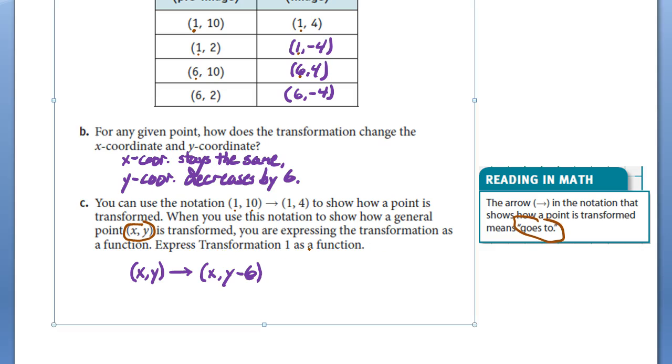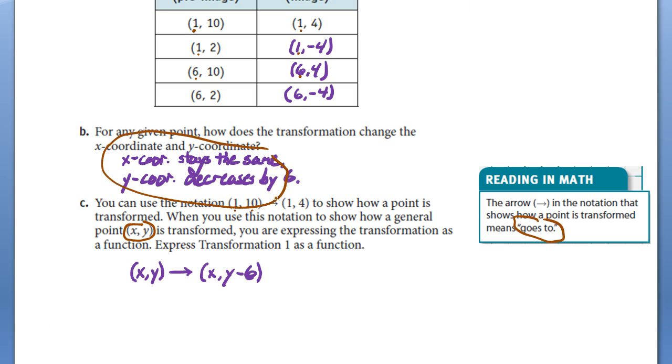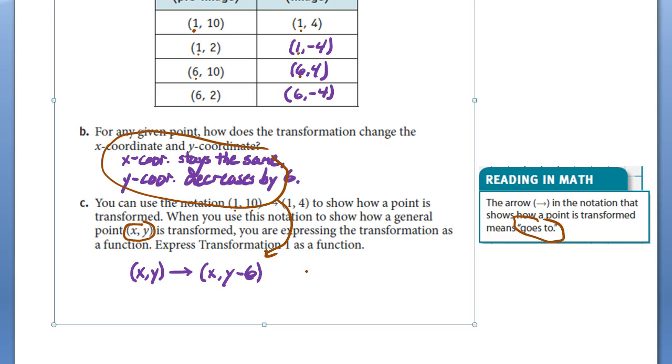Express transformation 1 as a function. Here's what it looks like. (x, y) goes to, or is transformed to, (x, y minus 6).